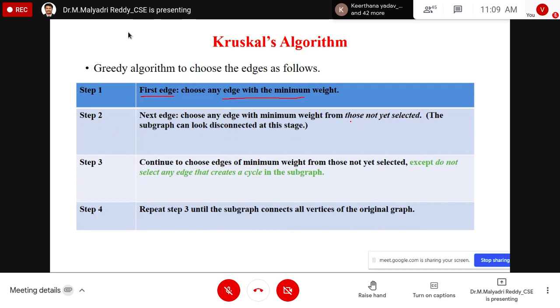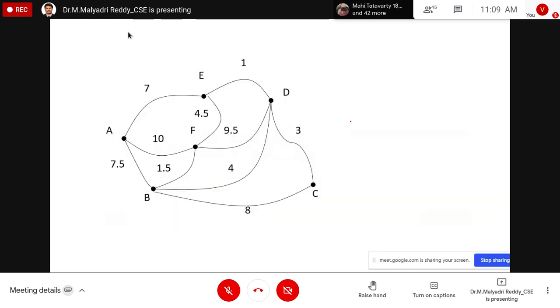Okay. Coming to the graph, from this, these are the minimum cost edges. Our intention is to complete the vertices. How many are there in total? A, B, C, D, E, F, right? 6.